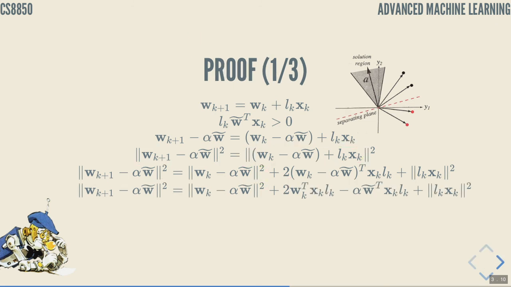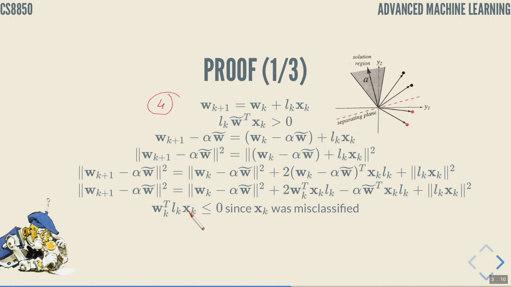So now we just follow the algebra. We bring this inside or multiply through. Nothing else happens here. Simple manipulation for now. And then we know that step 4, remember, in the stochastic perceptron algorithm, happens only if x_k was misclassified.